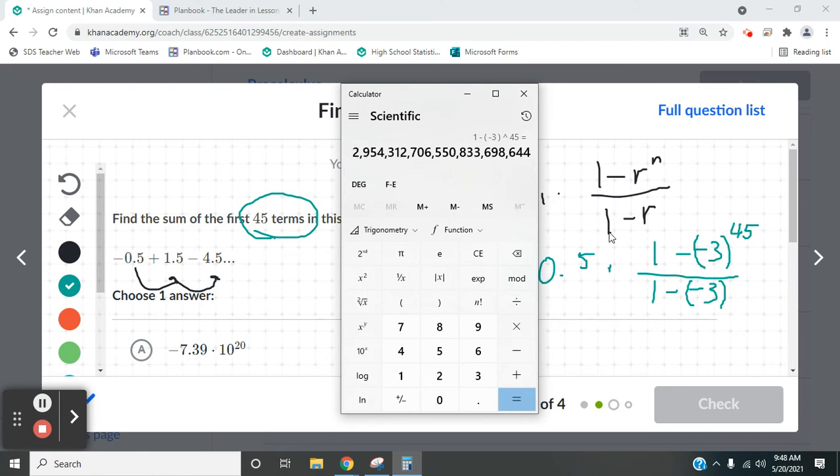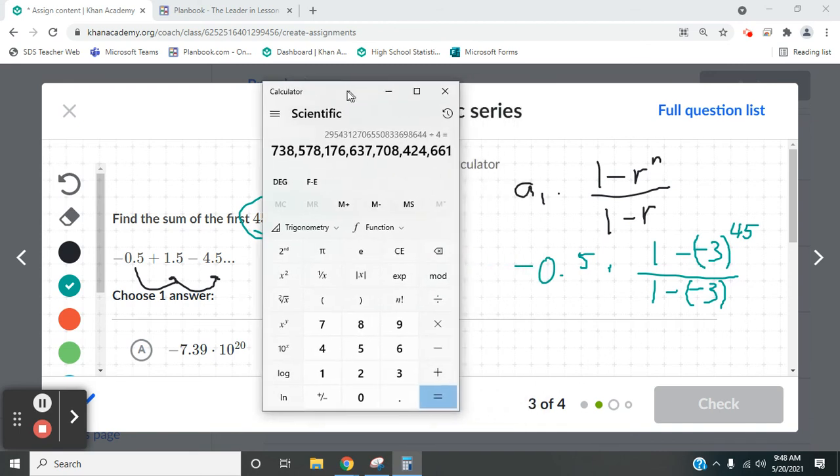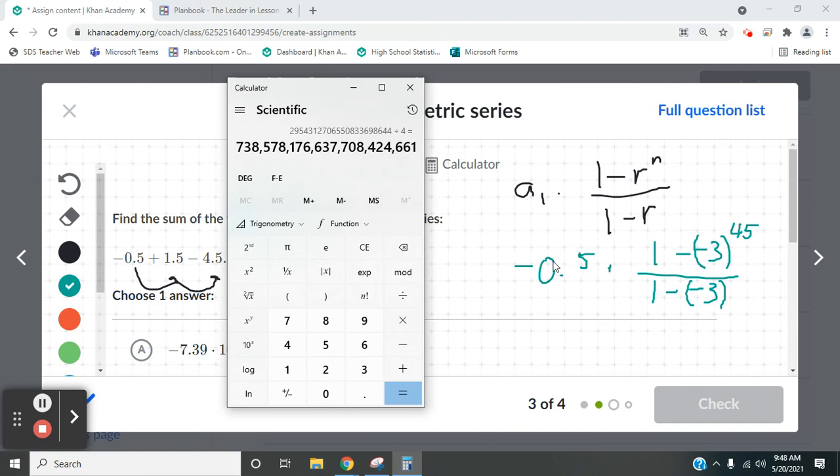All right. Now we've got that divided by what number? What's the bottom? 4. Yep. And then times 0.5, but negative. Oh, shoot. Dang it. I got to do all that again.